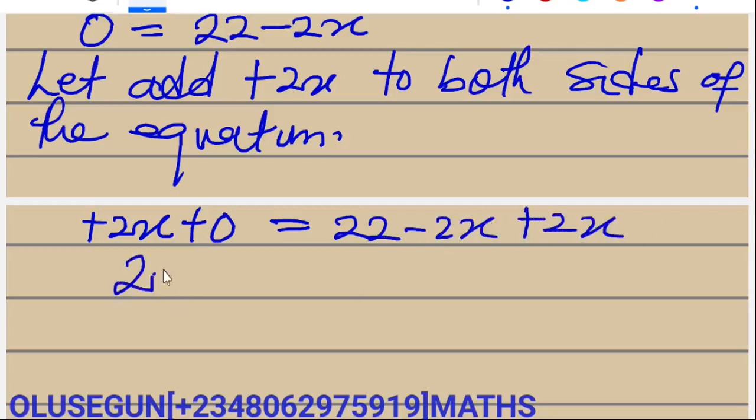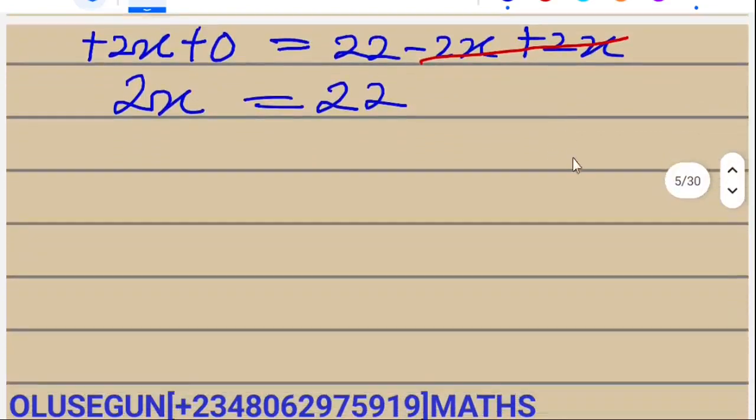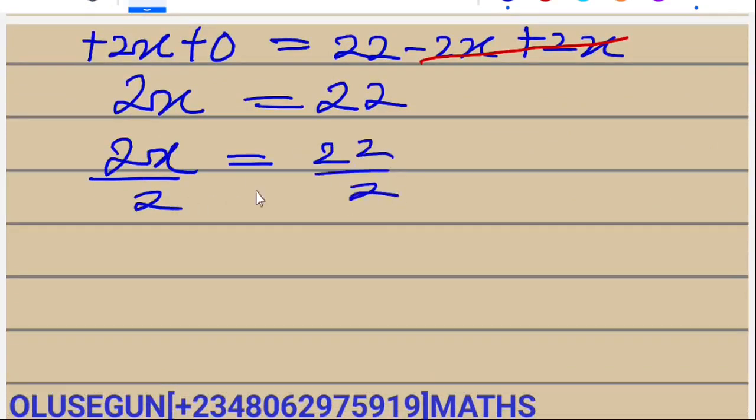So we have 2x is equal to, as I've said earlier, that these two will become 0. We now give you 22. So let's divide both sides by 2. We have 2x divided by 2 is equal to 22 divided by 2. So 2 will cancel 2. X will now equal to 11.